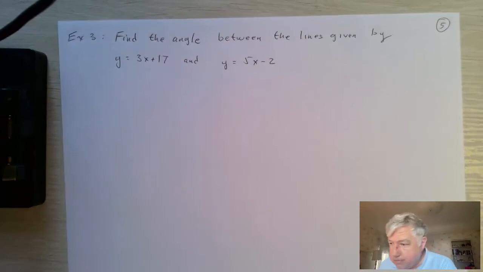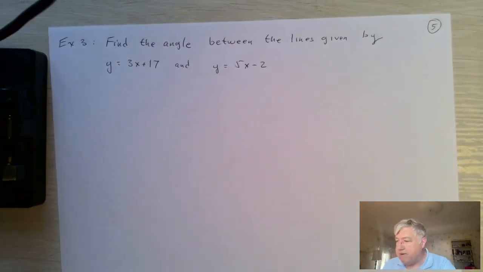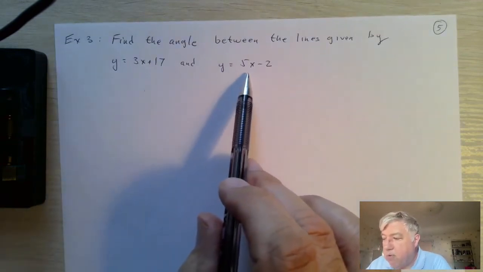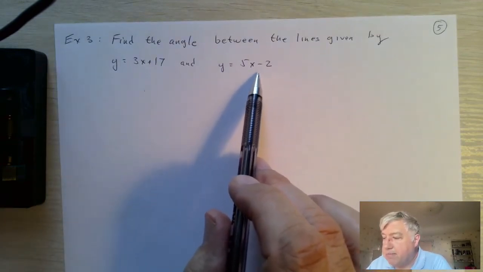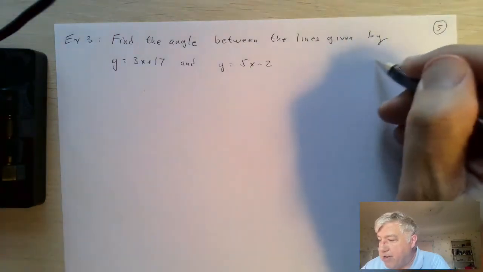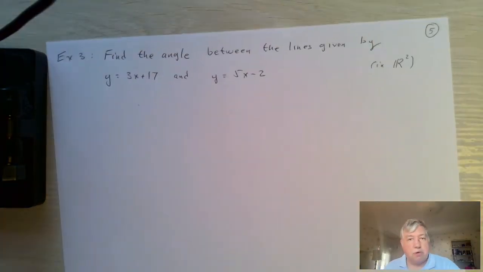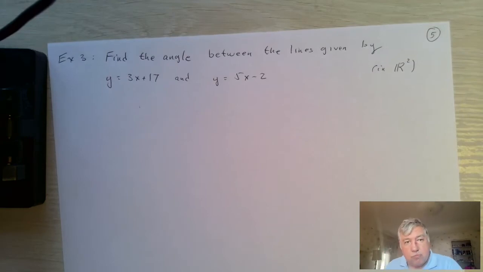So in this next example, example 3, let's say we wanted to find the angle between the lines given by y equals 3x plus 17 and y equals 2x minus 2. We're in R2. So we just have to find the direction vector of each.